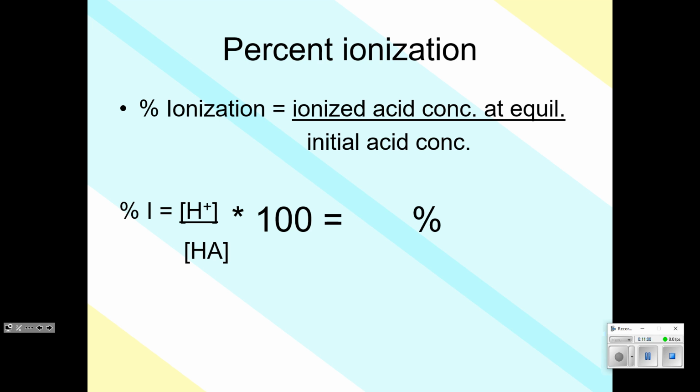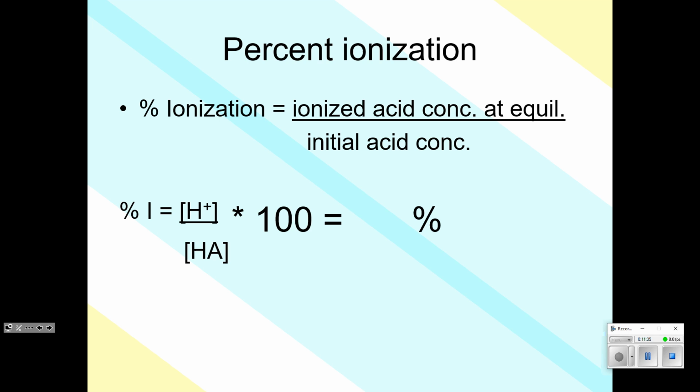However, that HA in the bottom is not at equilibrium, it's initially, because we're looking at how much of that initial acid turned into the acid ion. This would give us a percent. Weak acids have a low percent ionization, which makes sense because they don't donate much of their H plus. Strong acids, their percent ionization is getting close to 100% because it almost completely dissociates. It completely donates that H plus.